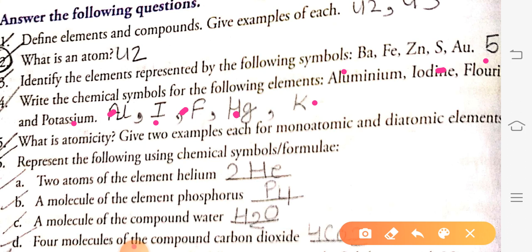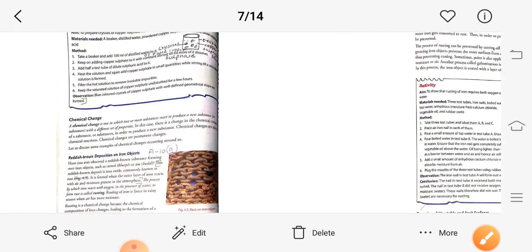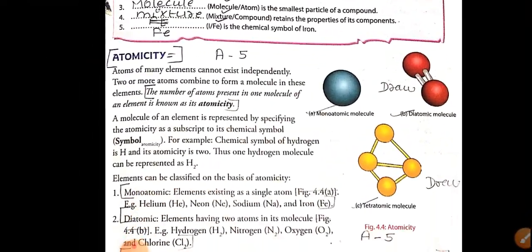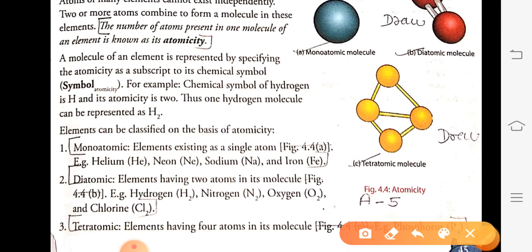Fifth answer is given on page 45. It is given here, the number of atom present in one molecule of an element is known as atomicity. Monoatomic, the elements can be classified on the basis of atomicity.